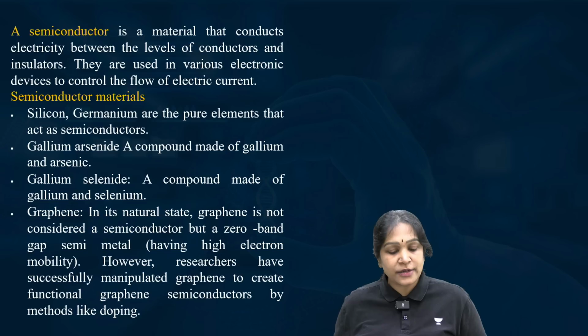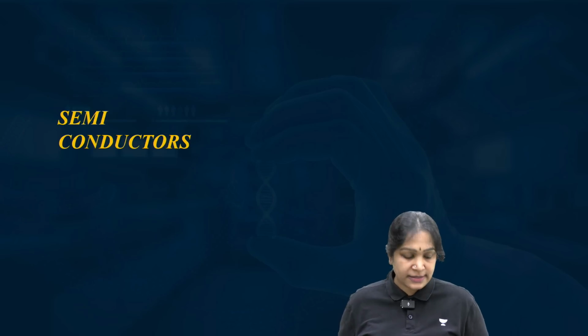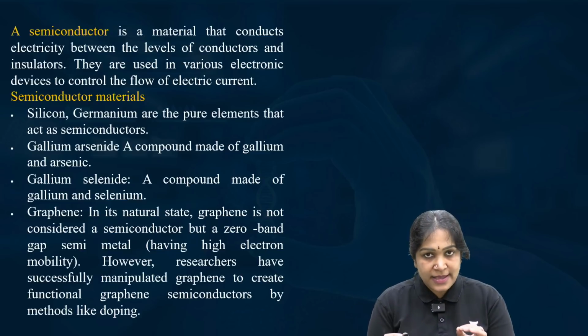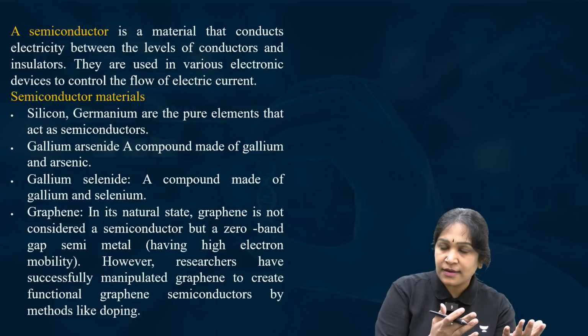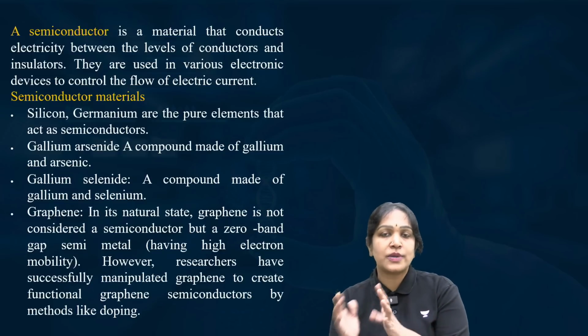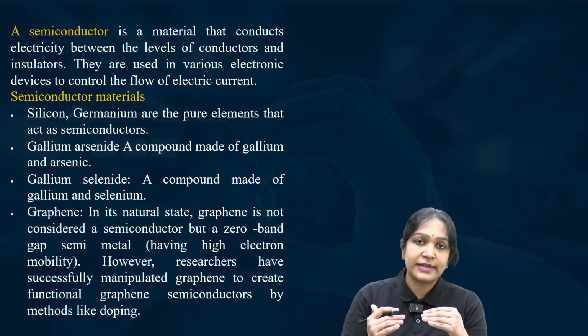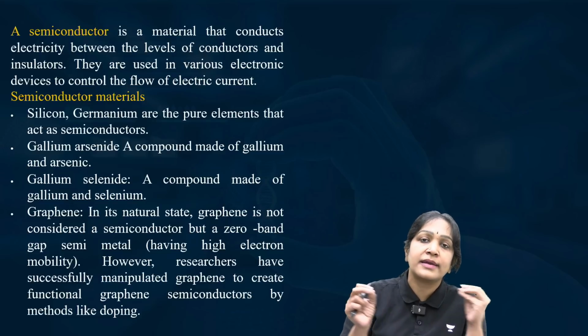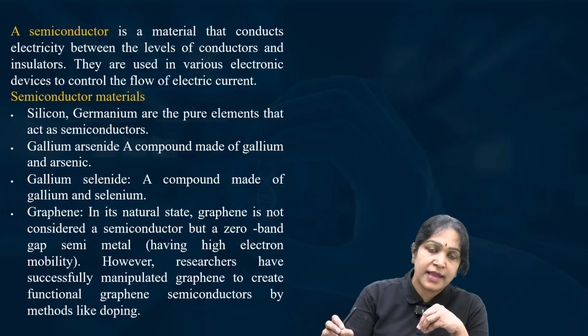The last topic in today's class is semiconductors. So what are semiconductors? A semiconductor is not a great conductor. It is not an insulator. What is an insulator? A material that cannot conduct electricity.